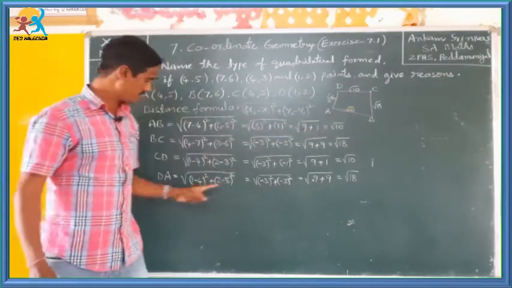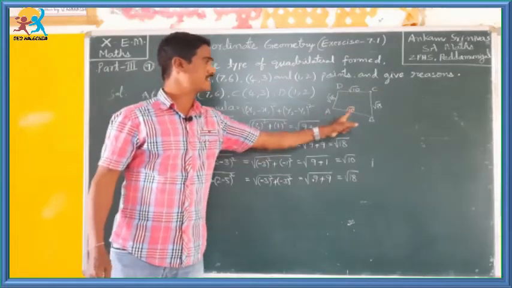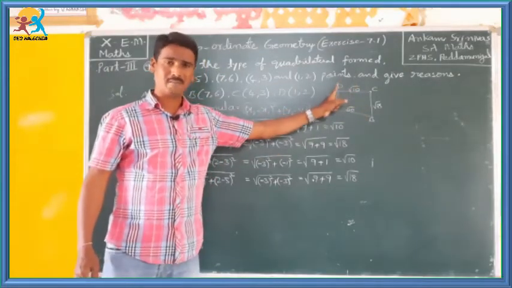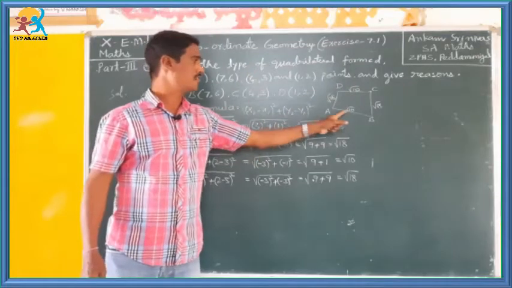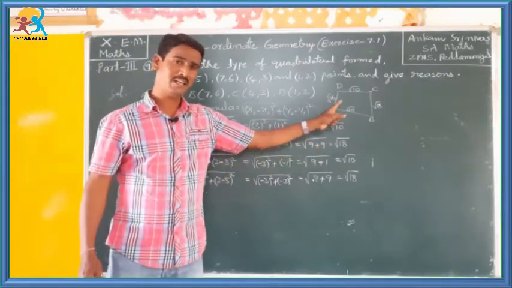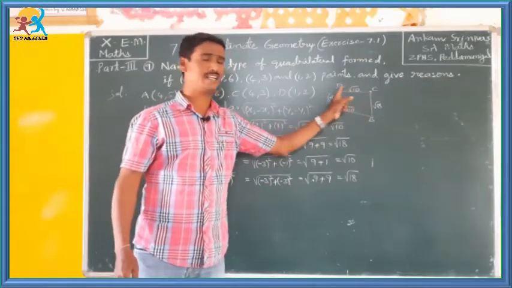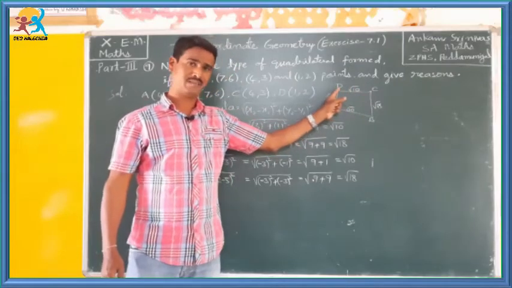Up to these steps, we declare ABCD is a parallelogram, because if opposite sides of a quadrilateral are equal, then it becomes a parallelogram. Clearly, we can say ABCD is a parallelogram.